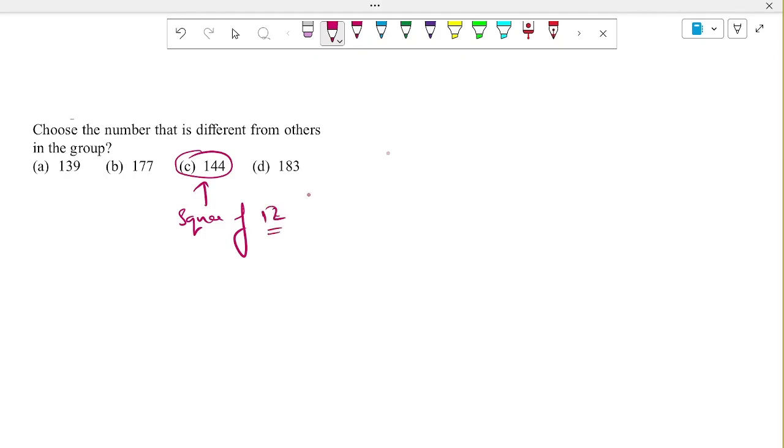Okay, there can be other reasons also. You can say that this is an odd number, this is also an odd number, this is also an odd number, and this is even. So there can be multiple answers for such questions, and it is a bit difficult to say with 100% accuracy which is the correct answer.